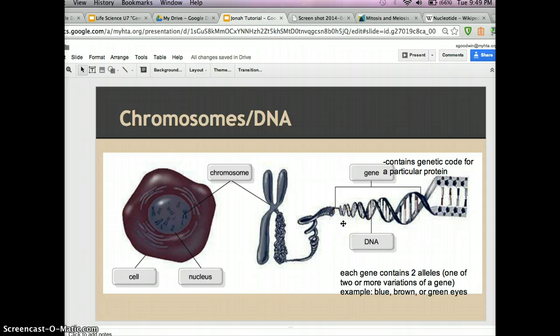Scientists have broken the DNA into sections called genes, and the gene contains a genetic code for a particular protein. So let's say this gene has to do with your eye color. Well, it can contain several different alleles, so one or two or more variations of a gene, and we use the example of blue, brown, or green eyes. So that's going from the chromosome down through the DNA to the gene to the allele.